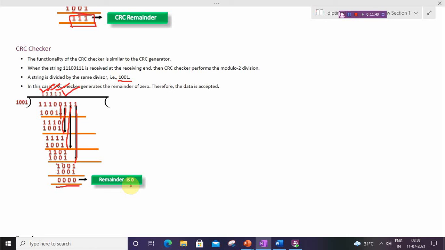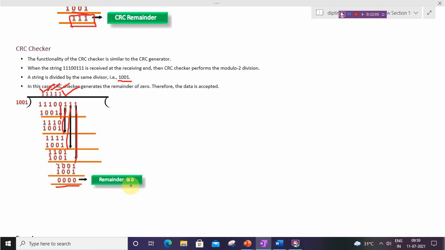If the divisor is 5 bits, then the number of 0s will be 4. So first we add the 0s to the data unit, then we divide it with the divisor, then the remainder replaces the 0s and we send the data with the remainder, known as the CRC remainder. Data with CRC is sent to the receiver.